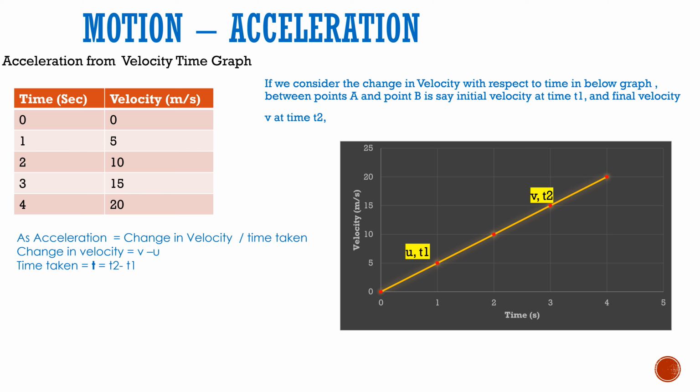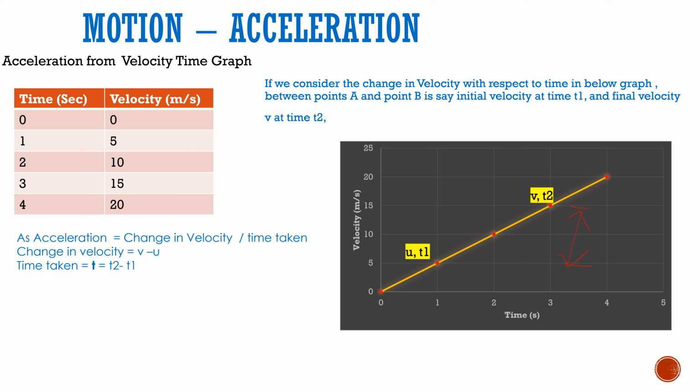So if we try to find the acceleration between these two times, since we already know the velocity, the acceleration will be the change in velocity divided by the change in time. We know the change in velocity between these two points, which is basically v minus u.